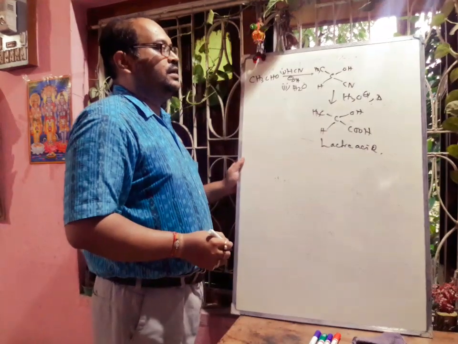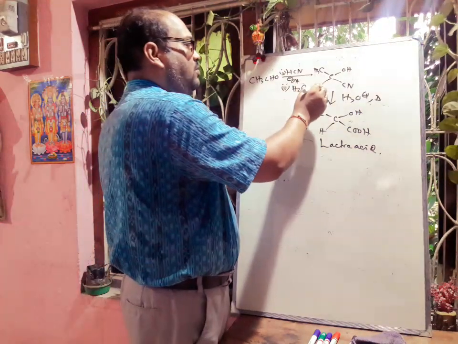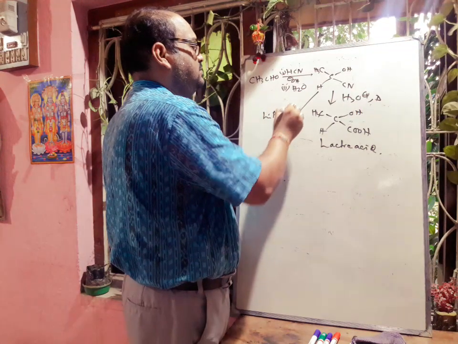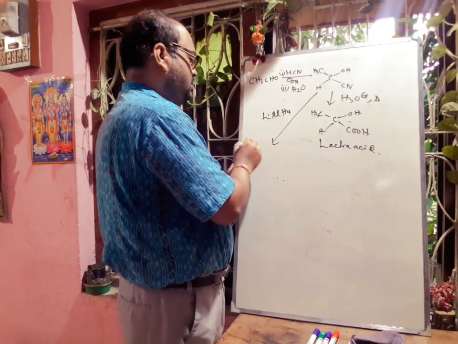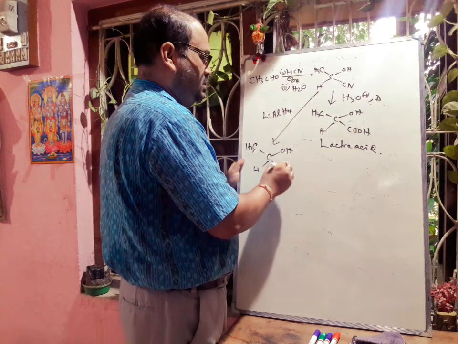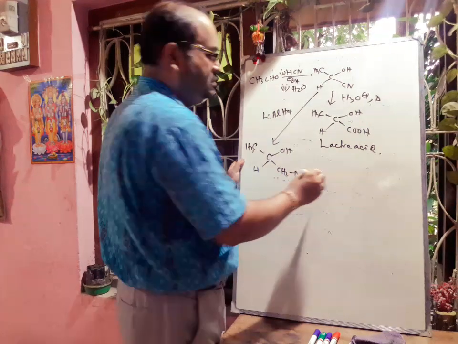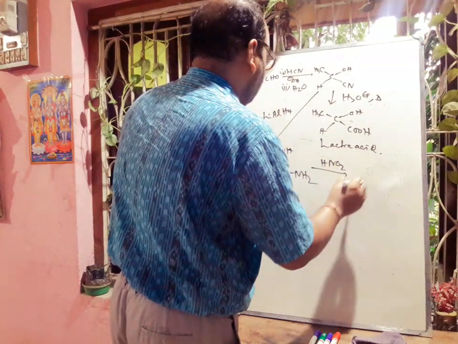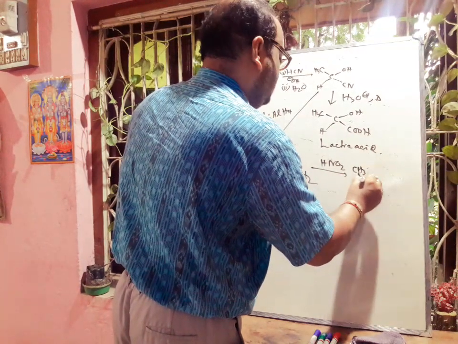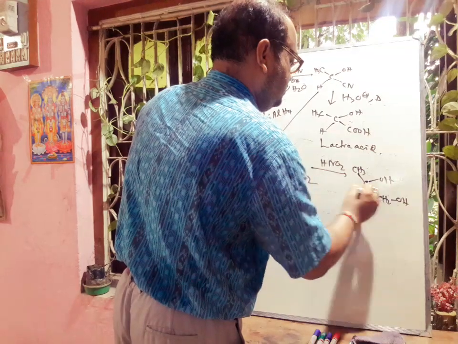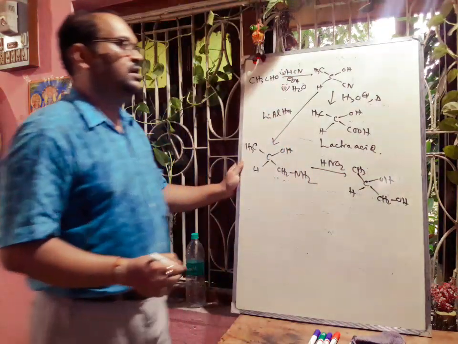Now if we take this compound and give lithium aluminum hydride, then what will happen? The reduction gives CH2NH2. Now if we give nitrous acid HNO2, what will happen? There will be formation of diol. This type of compound will form.